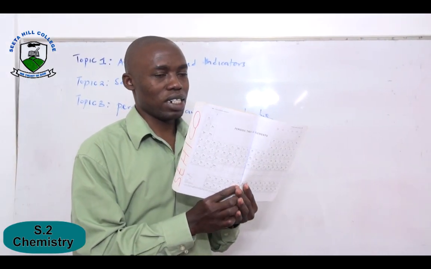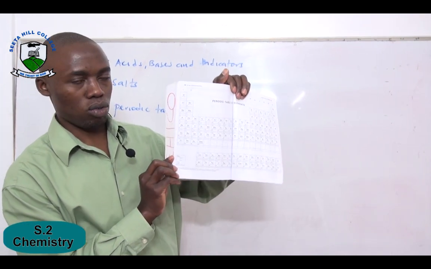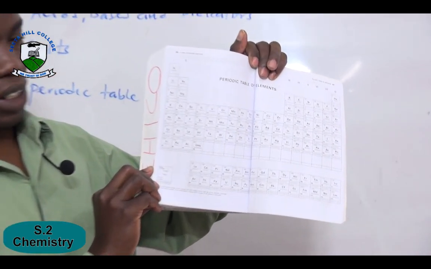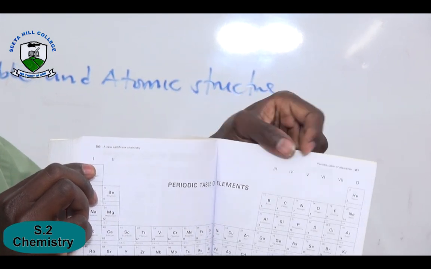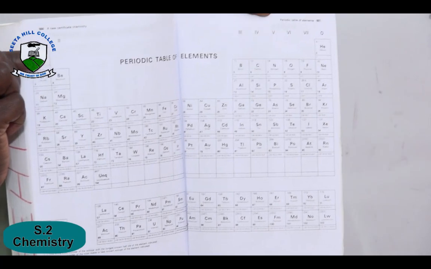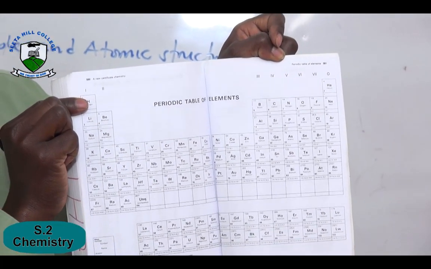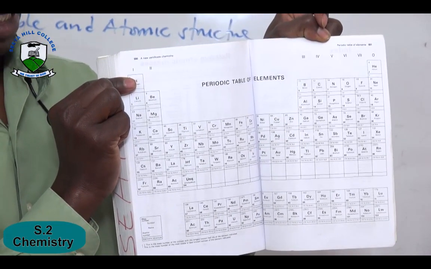It is what I wanted us to really look at, how it is really arranged. Now this is the periodic table from this book by Holderness and Lambert.